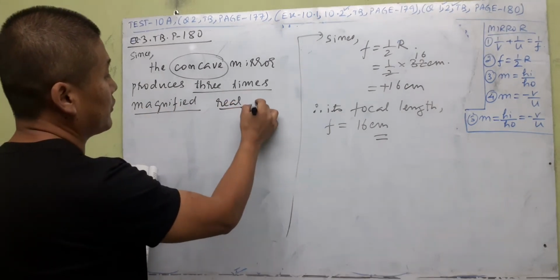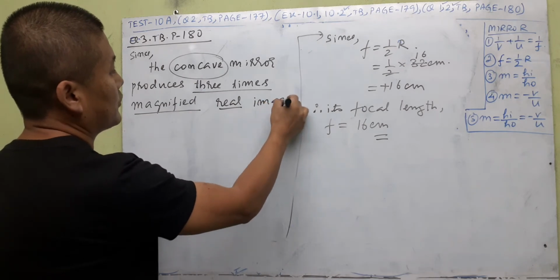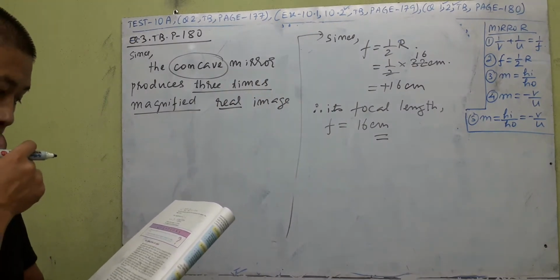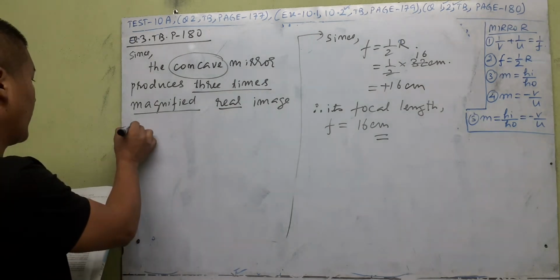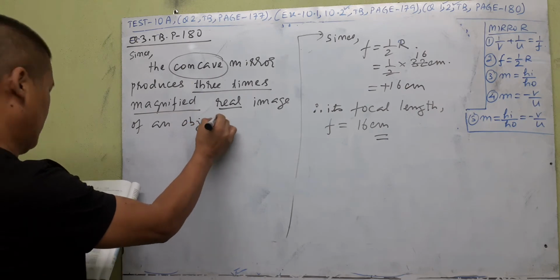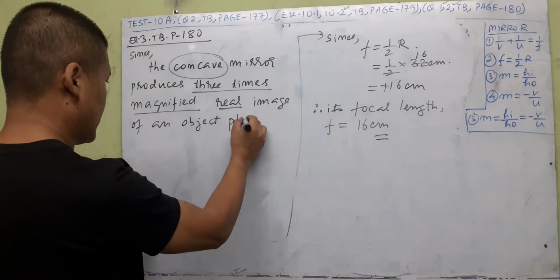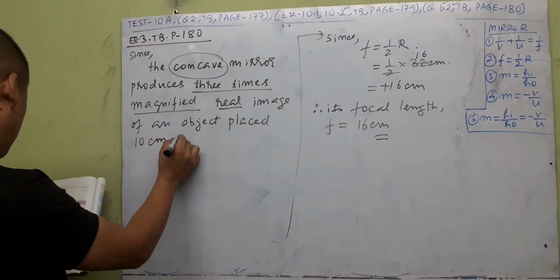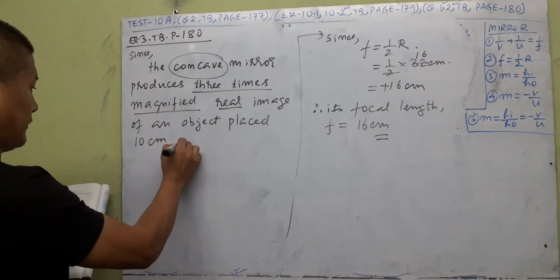So this is again important, real or virtual is so important in giving us the value of M, of an object placed 10 centimeter in front.